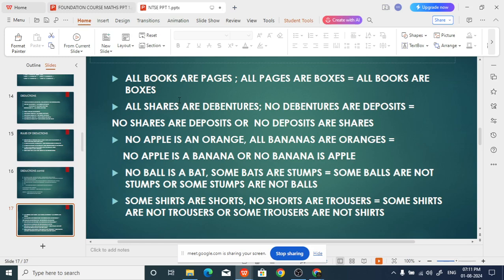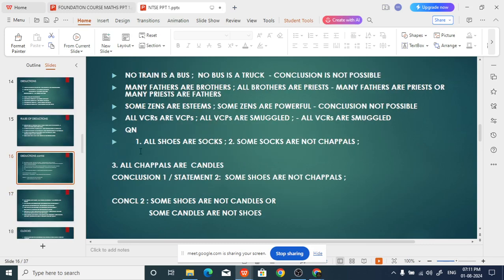But whenever you have a universal positive or negative conclusion, there will not be two answers, only one answer. Say for example, the second one: many fathers are brothers, all brothers are priests. One of the statements is particular, so here you can have two answers: many fathers are priests or many priests are fathers.